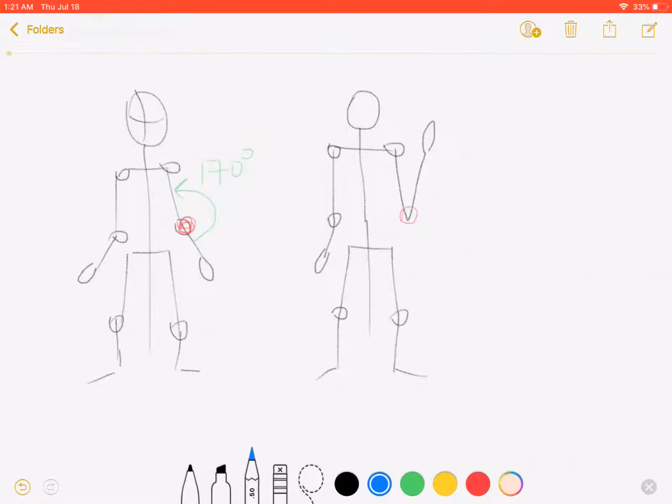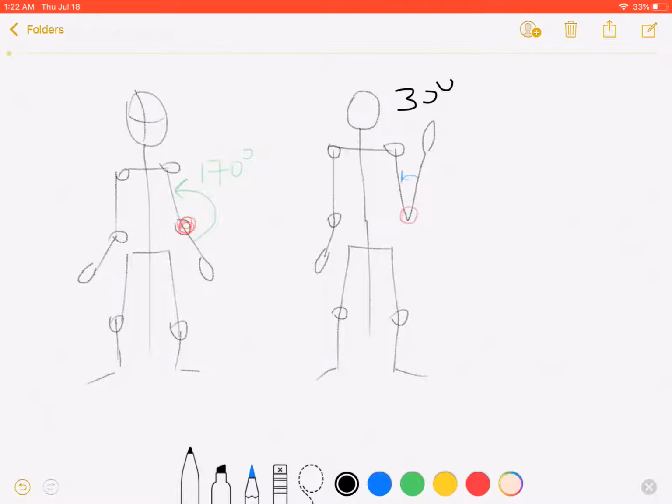So now the angle in blue is a measly 30 degrees. Anyway, you kind of get the gist.